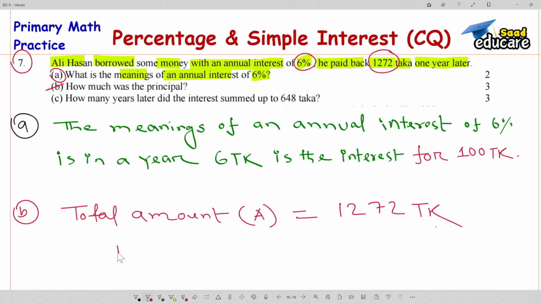And the interest rate will be R, which means 6%.